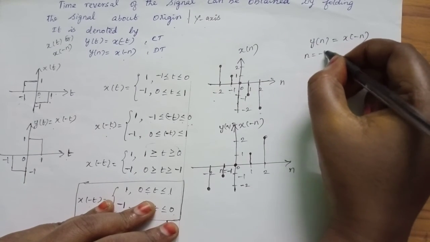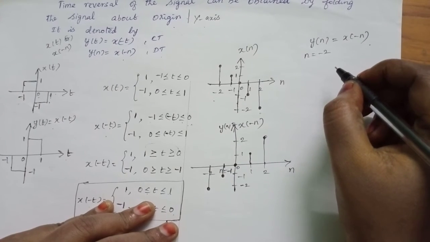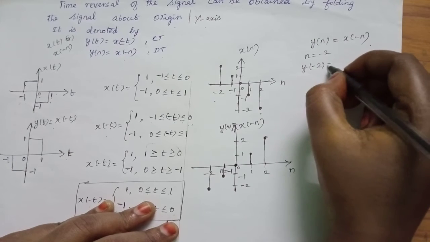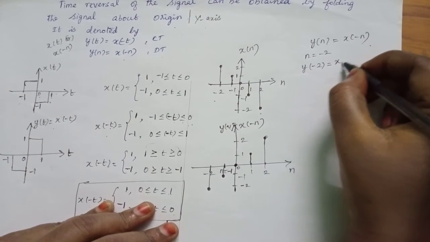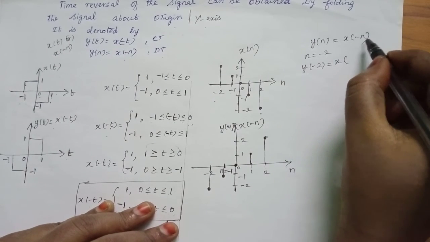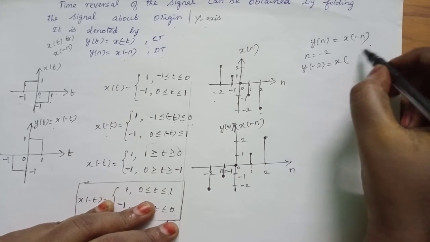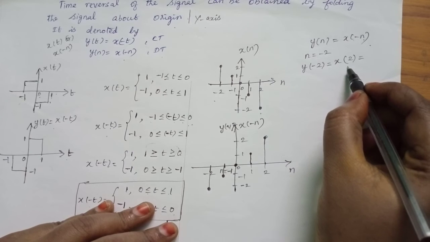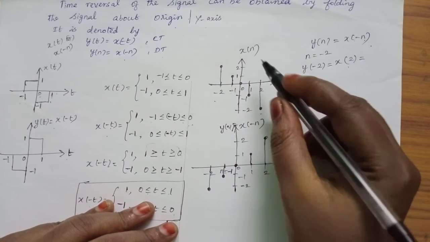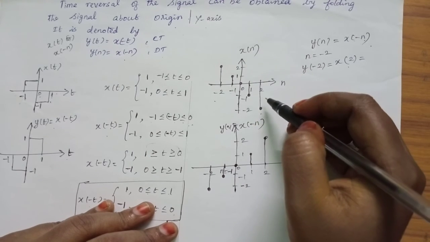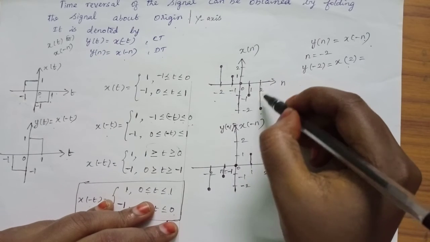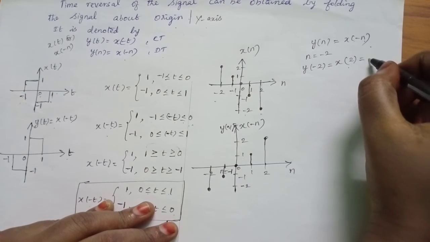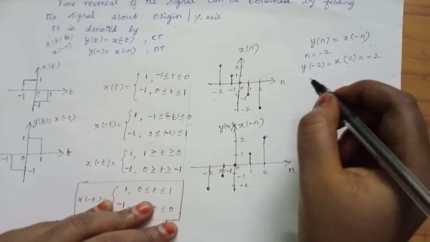If I substitute n equal to minus 2, it becomes y of minus 2 equal to x of minus n, so minus of minus plus, it is x of plus 2. x of 2 means the amplitude value of x of n at n equal to 2. At n equal to 2, the amplitude value is minus 2. So x of 2 is minus 2.